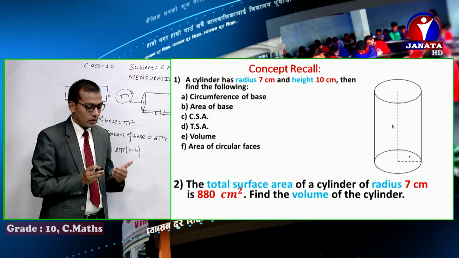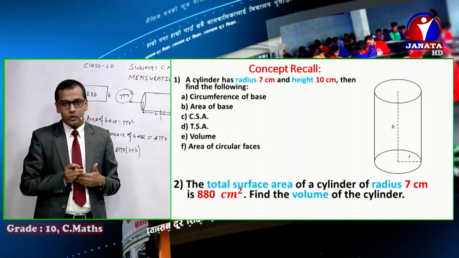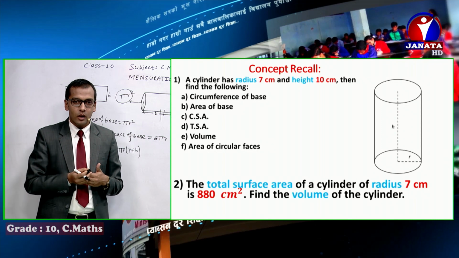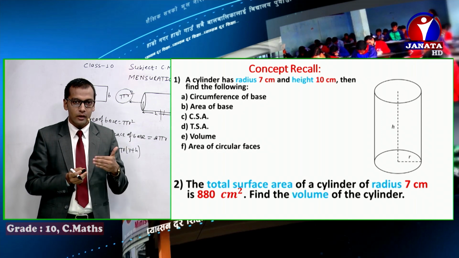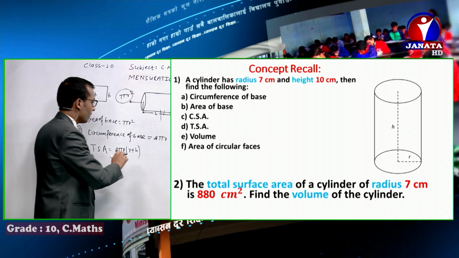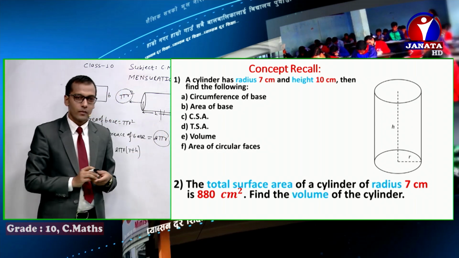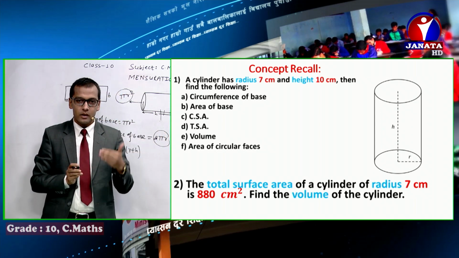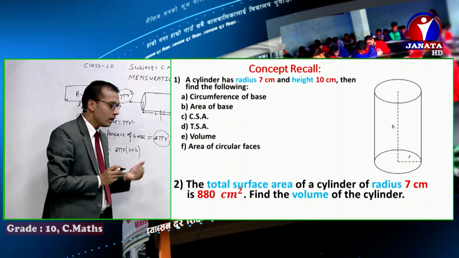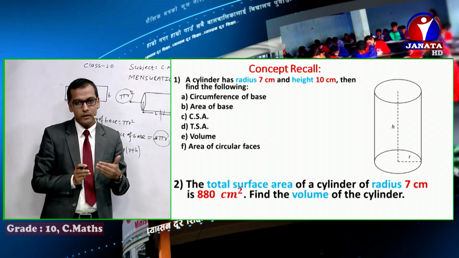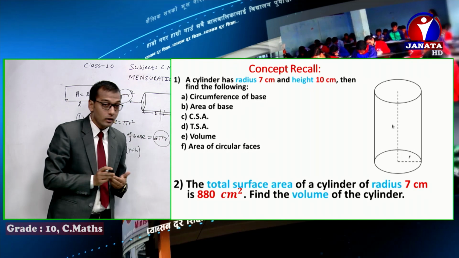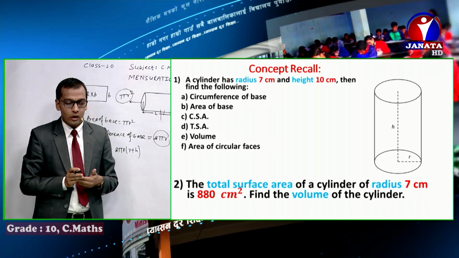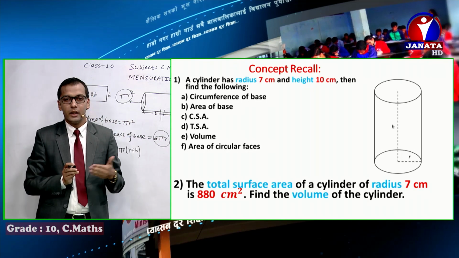First is the circumference of the base. We know the circumference of the base of a cylinder is 2 pi r. The radius is 7 and the value of pi is 22 over 7, so we can simply find the circumference.